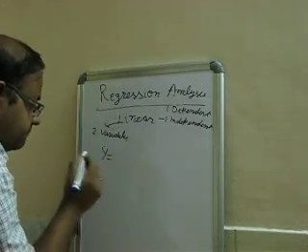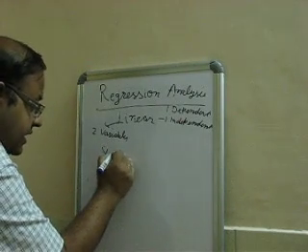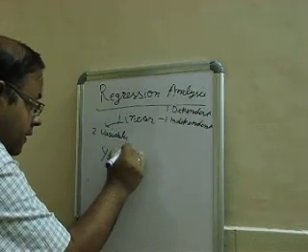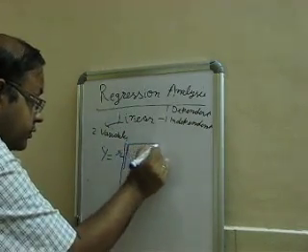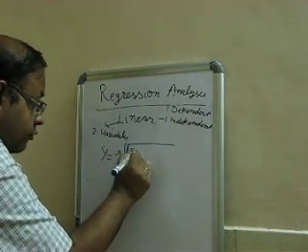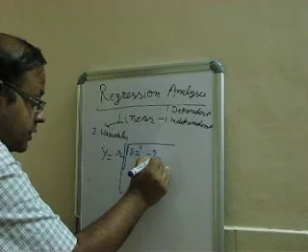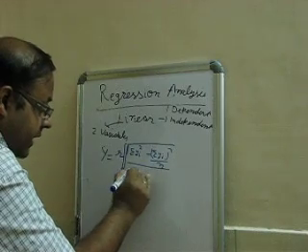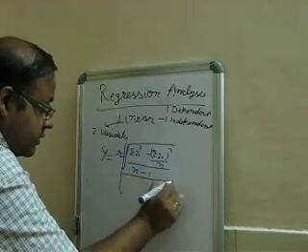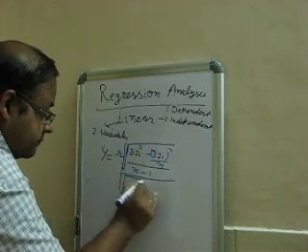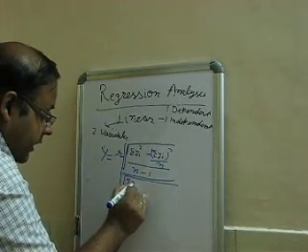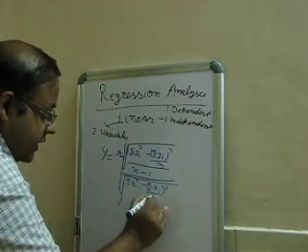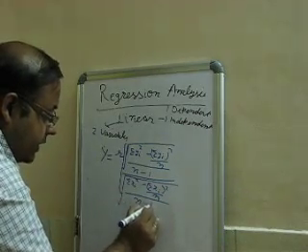Y is equal to b x plus c, where b is nothing but r times the square root of summation yi square minus summation yi whole square divided by n, whole divided by n minus 1, divided by the square root of summation xi square minus summation xi whole square divided by n, whole divided by n minus 1.